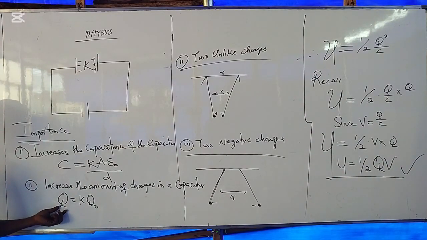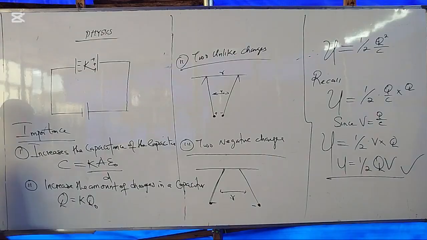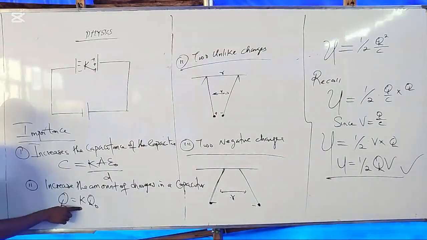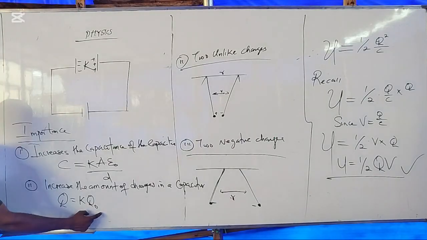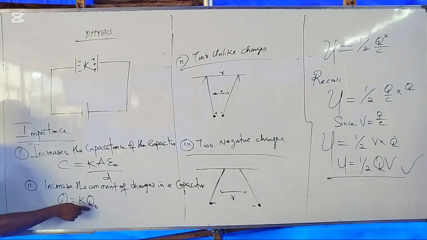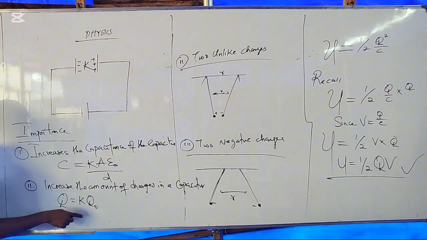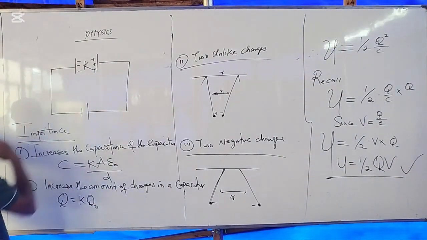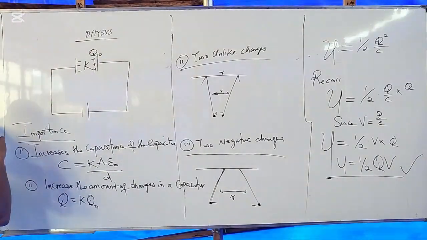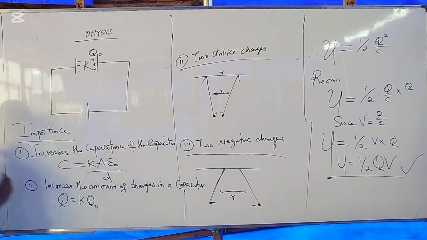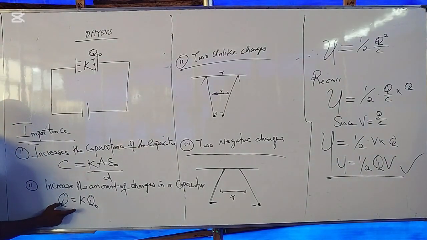This is the charge when there's a dielectric material. If I introduce a material to a capacitor that has a charge, when air is the material, I told you that Q is Q naught, from our derivation.